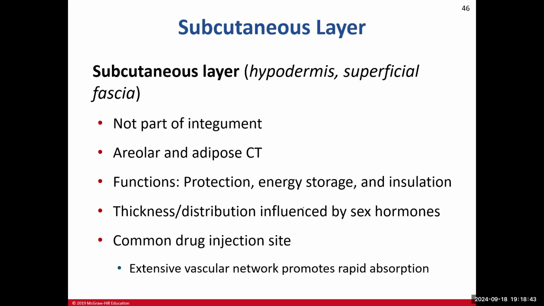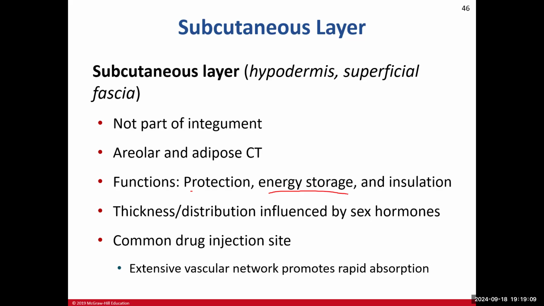So, not part of the integument, deep to the dermis, made up of 2 connective tissue types. They're both loose, and they begin with A, okay? Areolar and adipose. Good. So, adipose is a site for energy storage, right? Fats, okay?